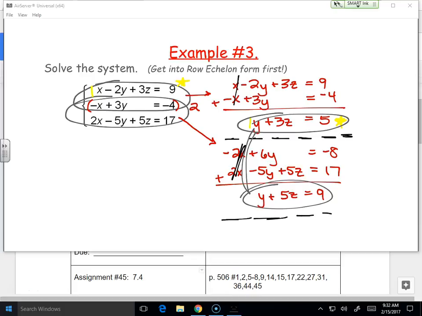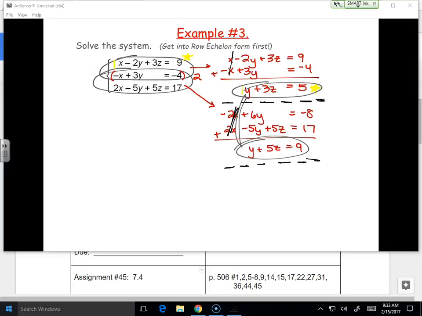Now that we have two equations with y and z, let's use those two to eliminate the y's and get the z by itself. So we have our first one, y plus 3z equals 5. I'm going to multiply the second one all by negative 1, right?